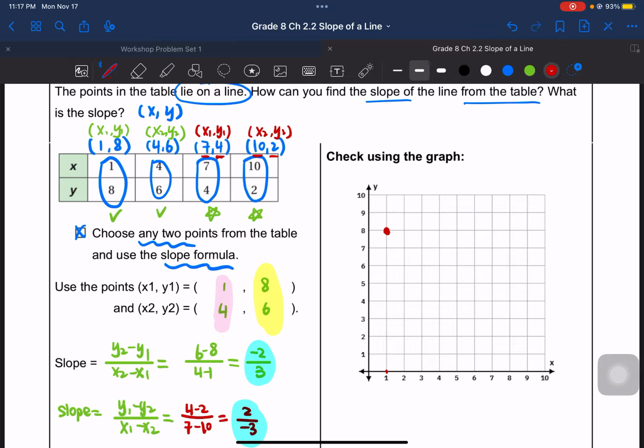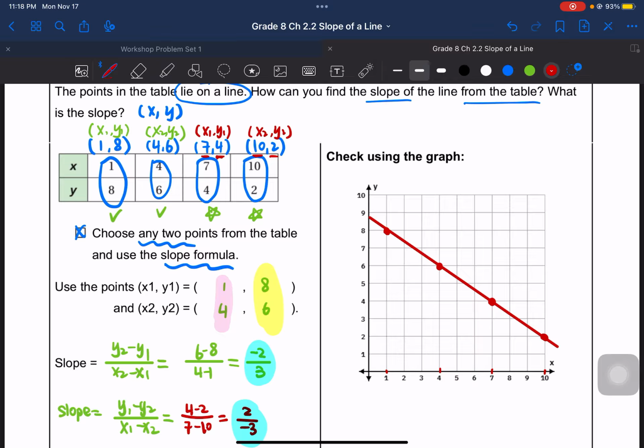The second point, we have 4, 6, so find 4 on the x-axis, and then go up 6 units. The third point, we find 7 on the x-axis, and then we go up 4 units. The last point, we find 10 on the x-axis, and then we go up 2 units. And then we connect all the 4 points. So this is our graph.